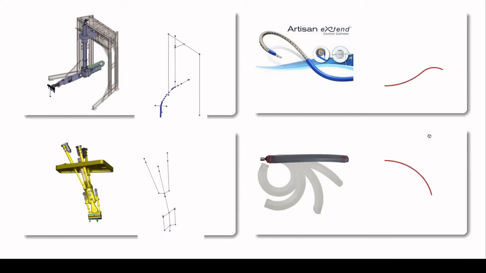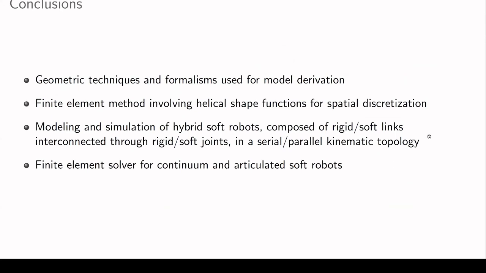And so, just for conclusion, I have presented our approach of geometric formalisms to derive the models of hybrid soft robots. We involve the finite element method using helical shape functions for space discretization.